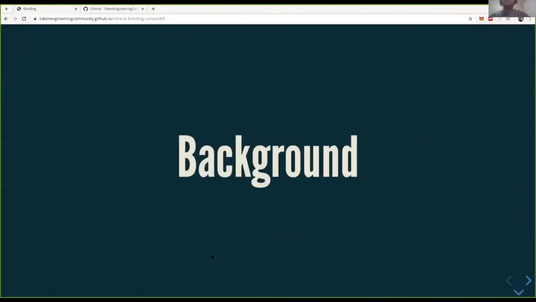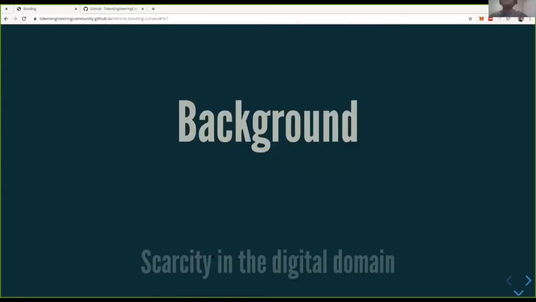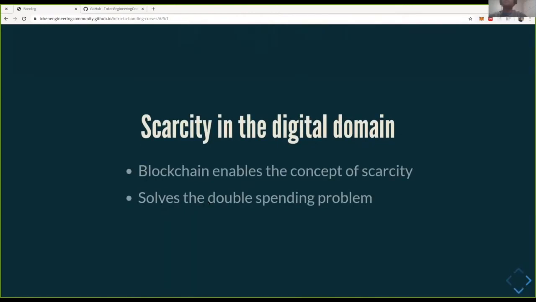I'd just like to give you a little bit of background on a few simple blockchain or crypto economic concepts that might help understand what I'm going to talk about now. Blockchain, with the introduction of Bitcoin, introduced the idea of scarcity in the digital domain.